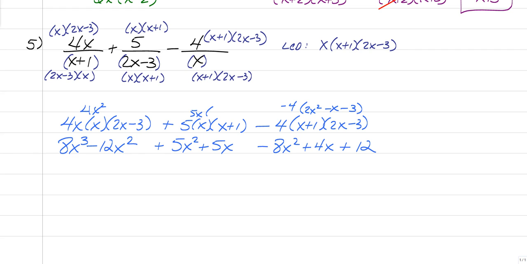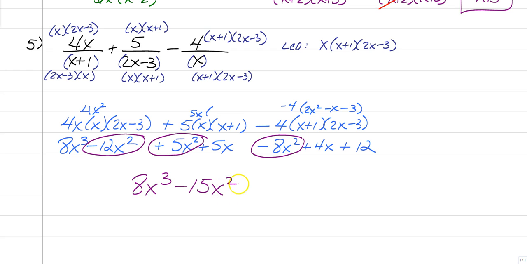So now you need to put this all together. So we only have an 8x cubed. We have negative 12x squared, positive 5x squared, and a negative 8x squared. So that's going to give us a negative 15x squared. We have 5x and 4x, which is a 9x.